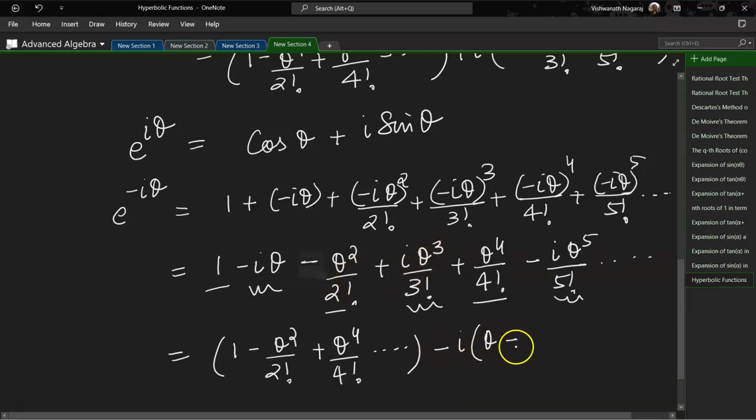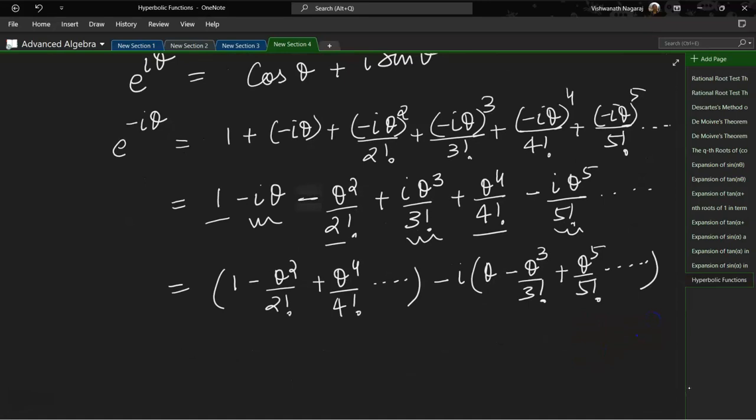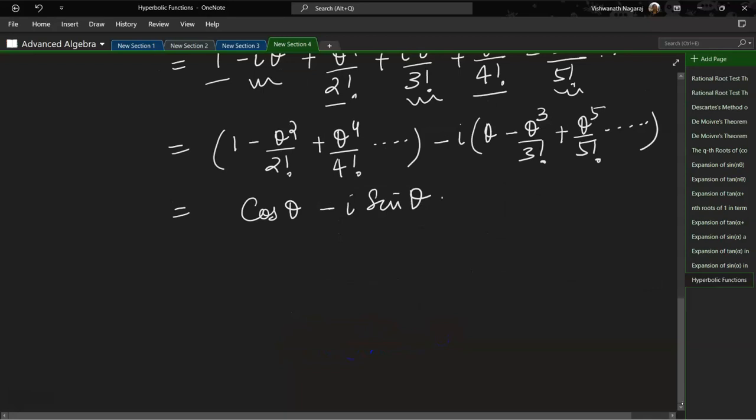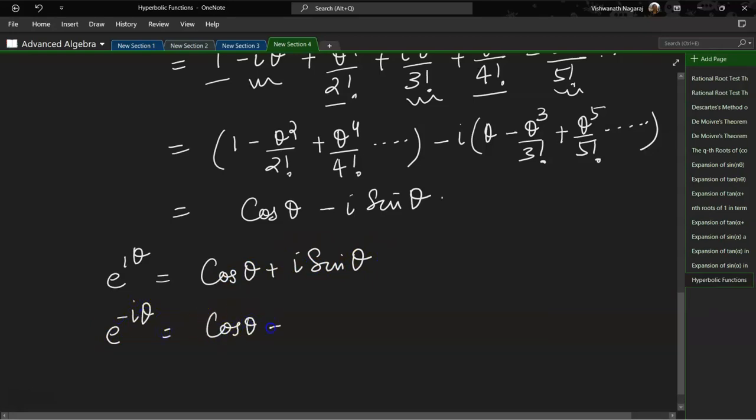So for it to be plus, this has to be minus theta cube by 3 factorial plus theta 5 by 5 factorial, and on and on. And this is equal to cos theta minus i sin theta. Okay. So e to the power of i theta is equal to cos theta plus i sin theta. e to the power of minus i theta is equal to cos theta minus i sin theta.